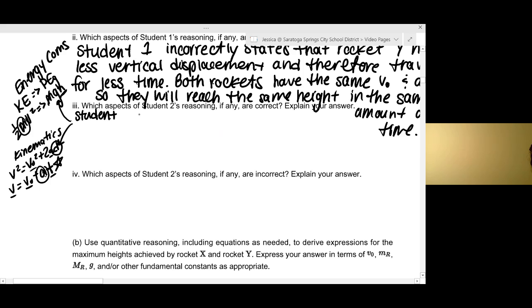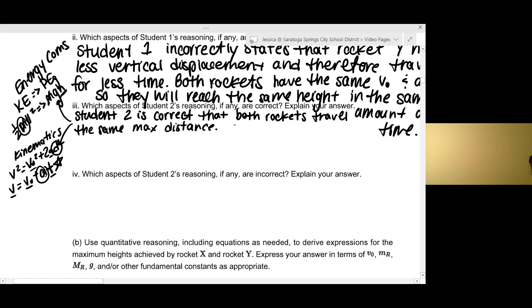So student 2 is correct that both rockets travel the same max distance.